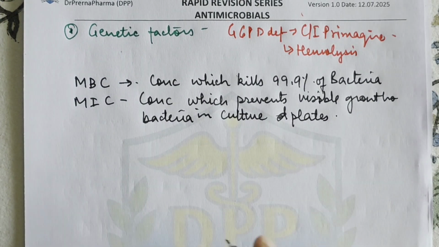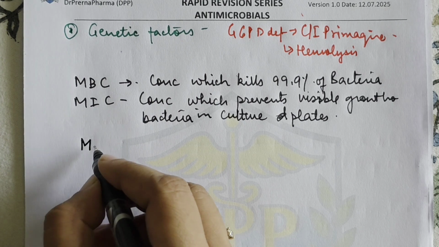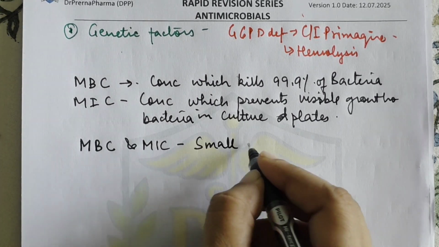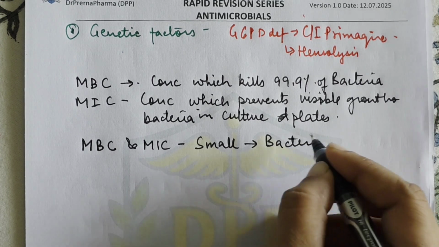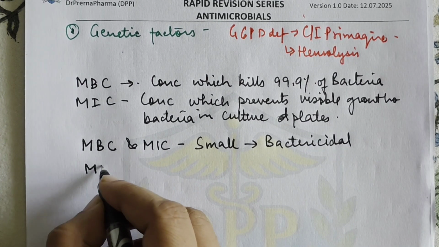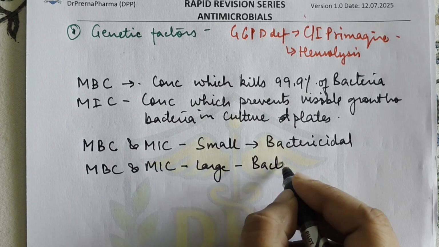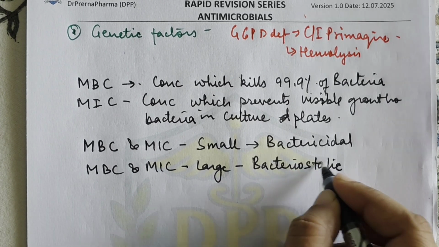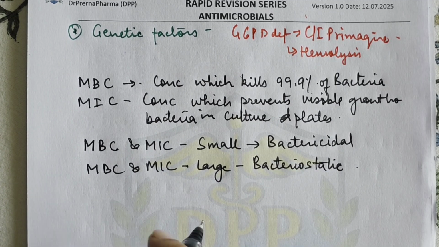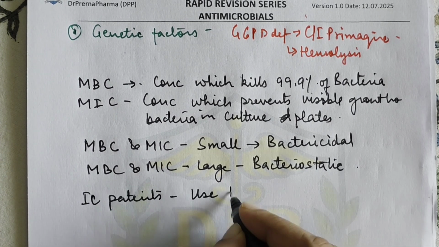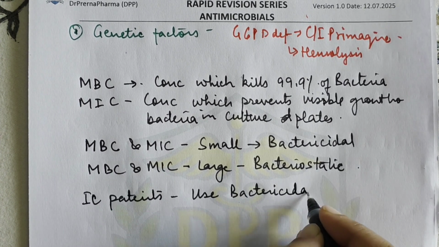If there is a small difference between MBC and MIC, then the drug is bactericidal. If the difference is large, it indicates bacteriostatic action. Okay. In immunocompromised patients always use bactericidal drugs.